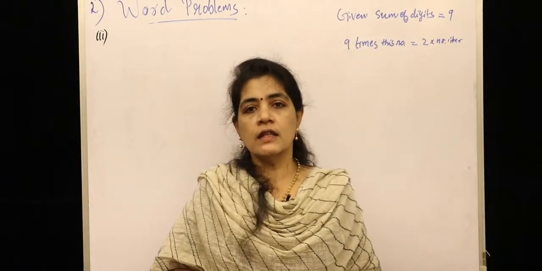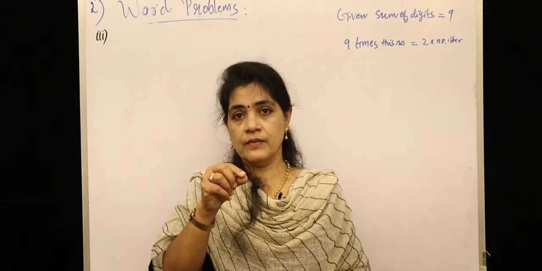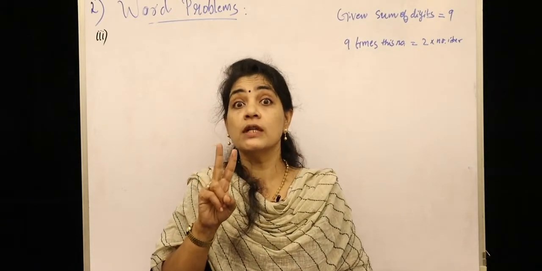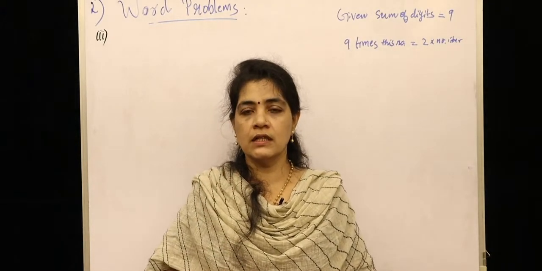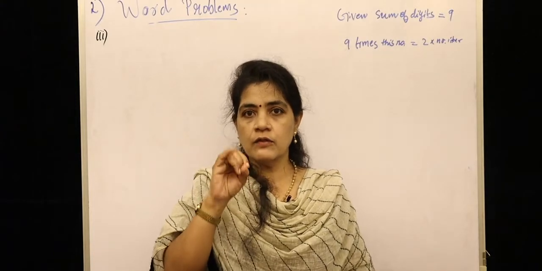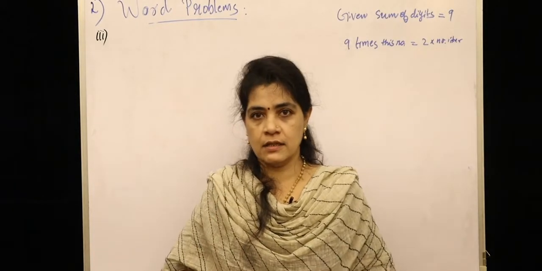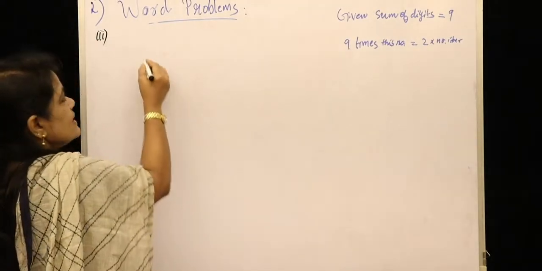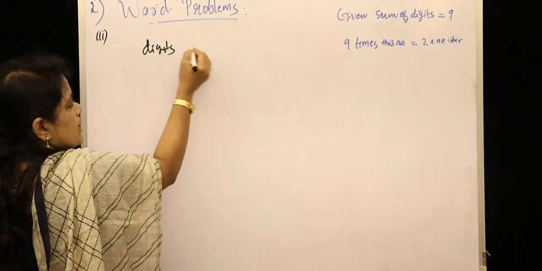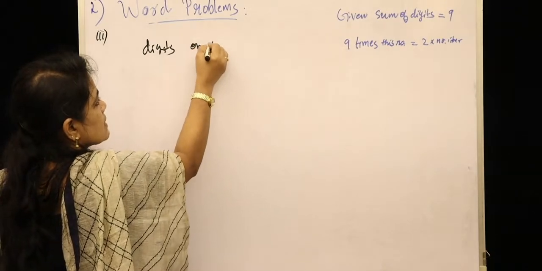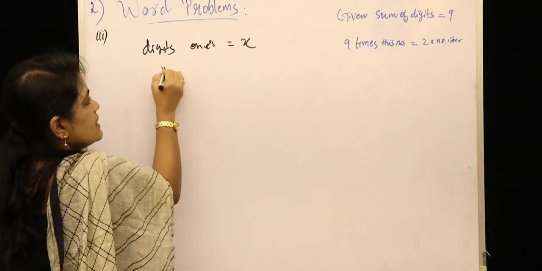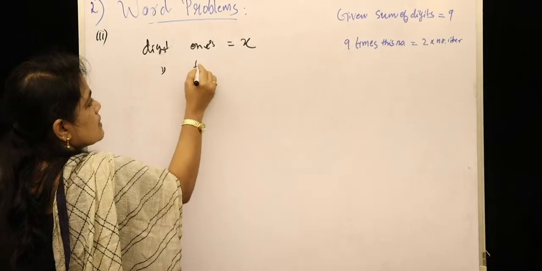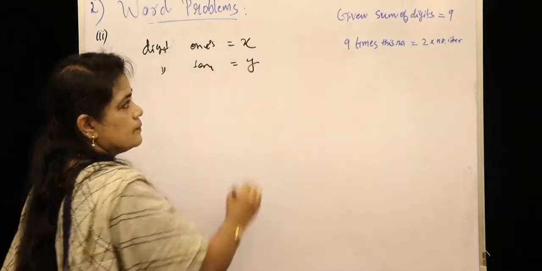See what is given, the sum of the digits, and we are talking about a 2-digit number. So 2-digit means ones place and tens place digit. So let it be x comma y. Let the digit in the ones place be equal to x, and the digit in the tens place be y.